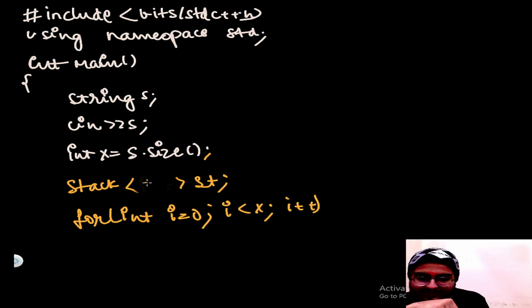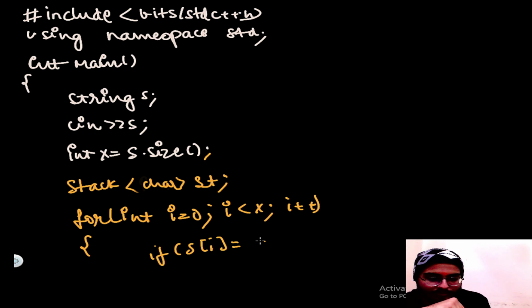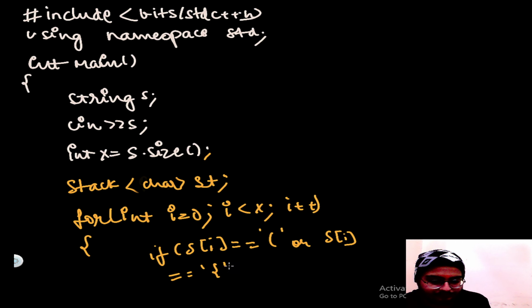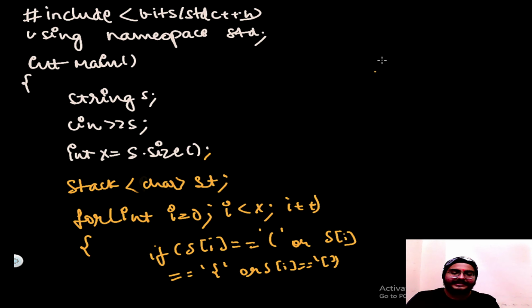So if s of i is equal to this, or s of i is equal to this, or s of i equal to this, then st dot push s of i.